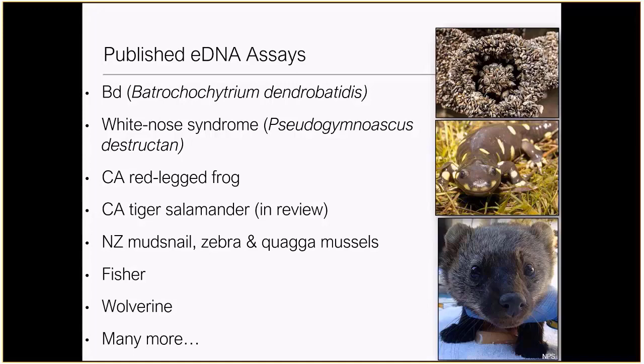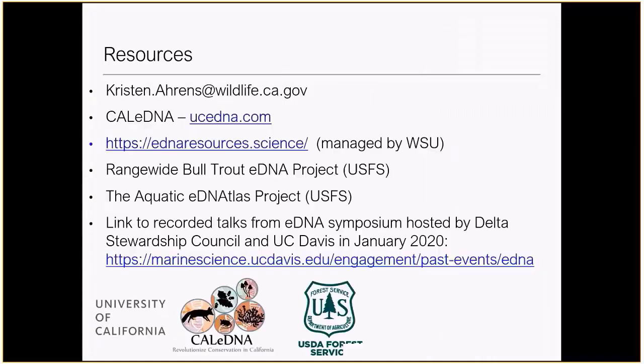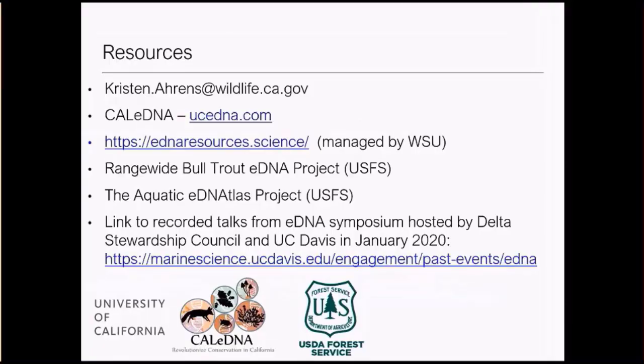So I'll leave you with, if you want to take a quick picture, some resources where you could find some more information. The third bullet point will give you some information of where you can look for published assays for a target species you might be interested in. I'm happy to provide any references for any of the information I've mentioned if you want to email me.